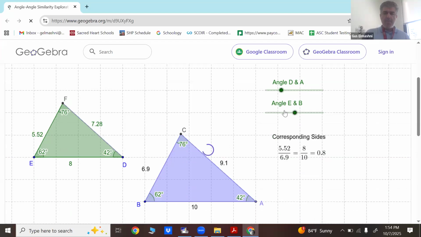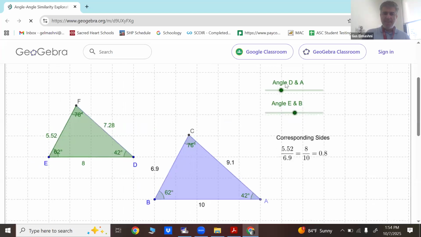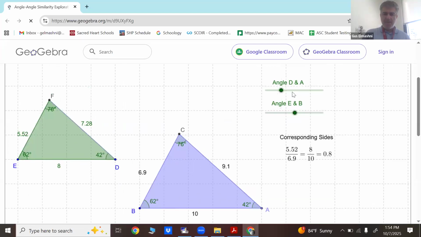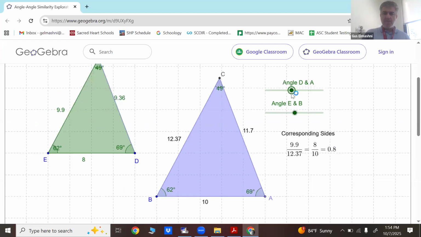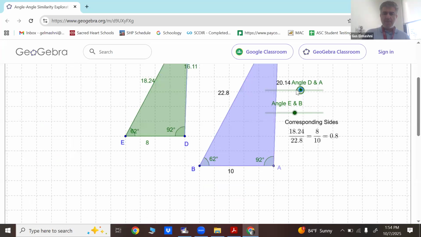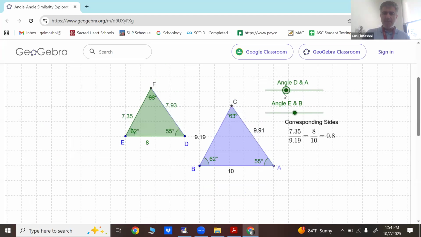Well, you see that E and B go together and D and A go together. I don't know what is going on here, but we do see its sides are proportional. So I'm assuming this is a slider. Oh, there we go. Okay, just being slow. The thing is that even if I change angle D and A, it doesn't matter because the other angles will change. The E and B stay fixed.